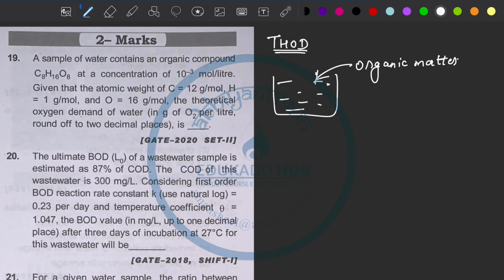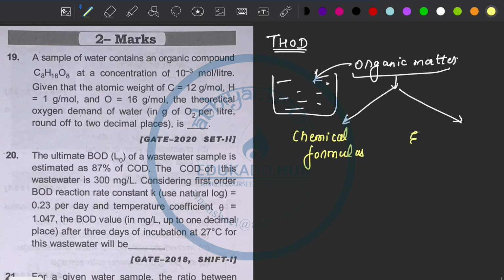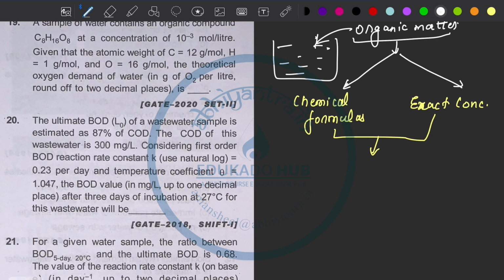matter, right? If we know the chemical formulas of the organic matter, as well as the exact amount or concentration of the organic matter, then with the help of these two we can calculate theoretically how much oxygen will be required.